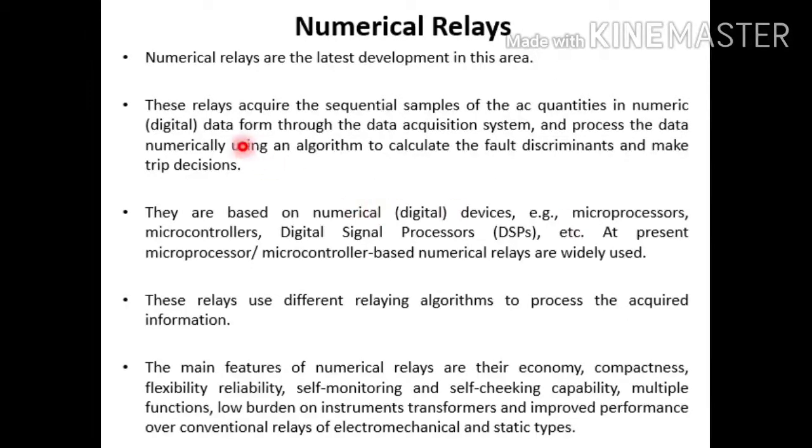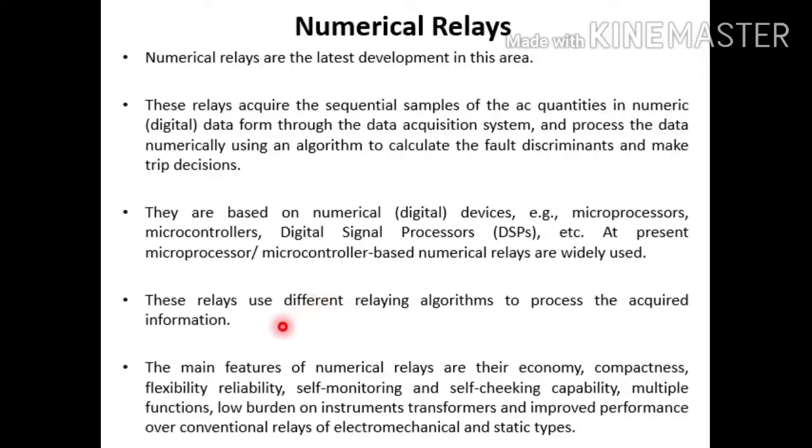Numerical relay. The numerical relays are the latest development in this era. The relays acquire the sequential samples of the AC quantities in a digital form through the data acquisition system and process the data numerically using an algorithm to calculate the fault discrimination and make the trip decision. They are based on numerical devices such as microprocessor, microcontroller, digital signal processing. At present, the microprocessor and microcontroller based numerical relays are widely used.